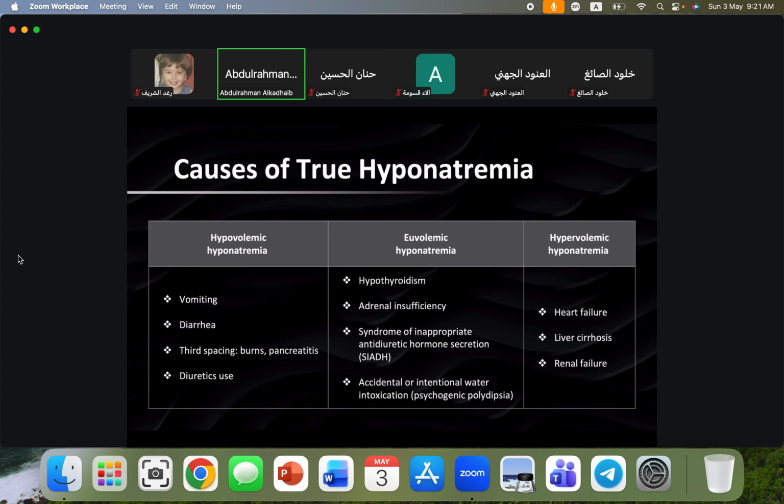In cases of euvolemic hyponatremia, in which the patient will present with euvolemia or normal body volume, we may see this condition mainly in endocrine causes like hypothyroidism, adrenal insufficiency, and the syndrome of inappropriate ADH secretion. Just a quick question about this syndrome: do you remember if the ADH is expected to be high or low?